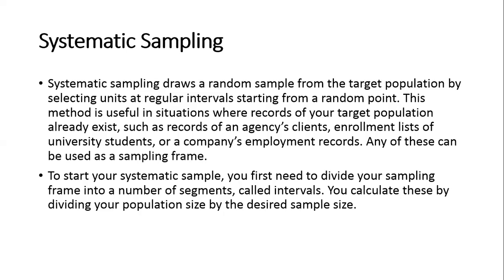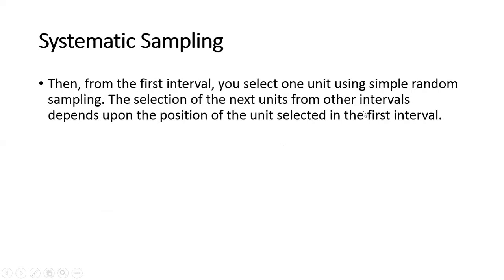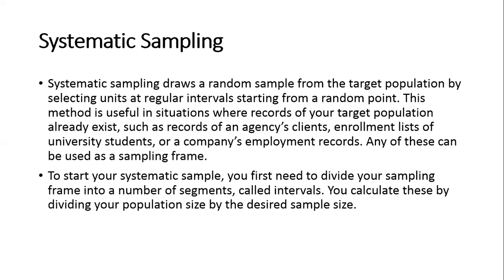Then from that 50, you decide that you will choose people at intervals of 10. So you pick somebody on seat number 50, then number 60, number 70, number 80, 90, like that until you get the number you want. If you do that, that will be systematic sampling.